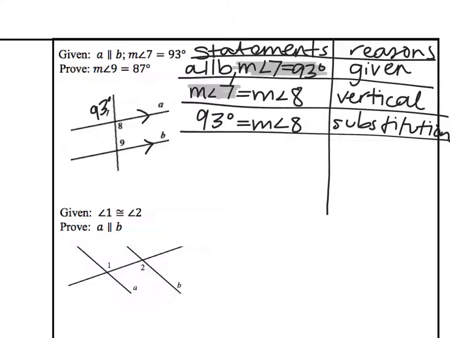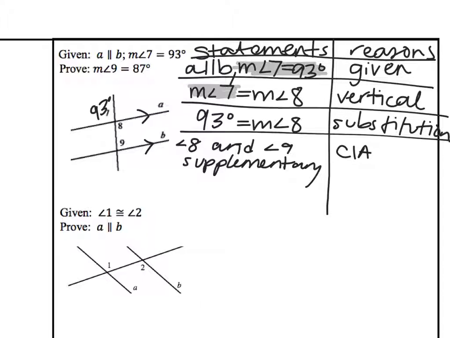Brennan told us that 8 and 9 are supplementary. So the last part of this proof is going to look really similar to the one you just did. Angle 8 and angle 9 are supplementary. Bonnie, why is that again? Why can I say they're supplementary? Then we'll use a definition of supplementary to say 180. So consecutive interior angles theorem says they're supplementary. Now do the same thing you did in the last proof, right?